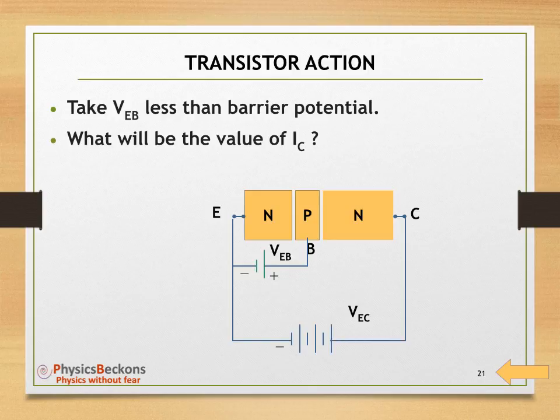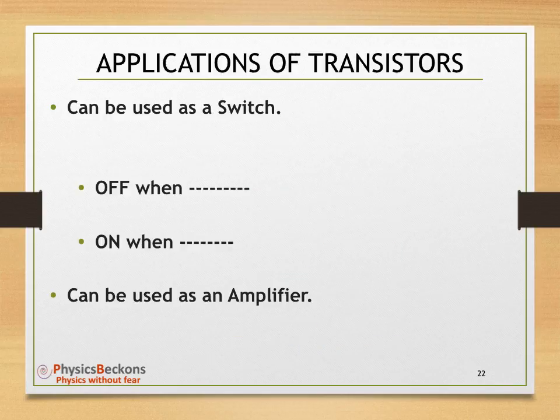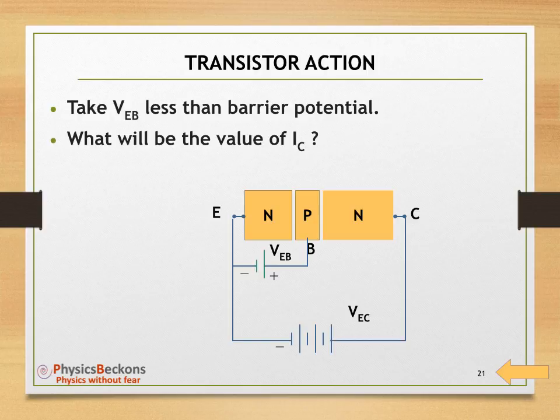Hence, there are two applications of the transistor which are very clear from this discussion. It can be used as a switch. It is off when the emitter base potential falls below barrier potential, and it is on when emitter base potential exceeds the barrier potential.